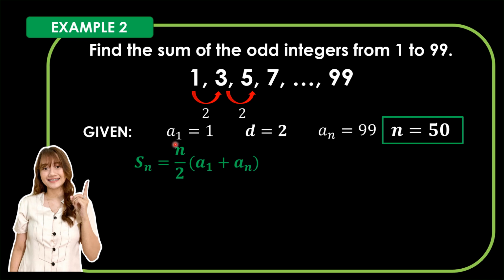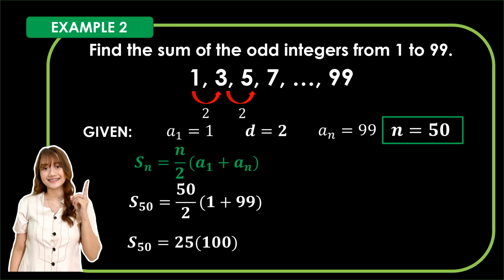Substituting the values, we have S of 50 is equal to 50 over 2 times the quantity 1 plus 99. We know that 1 plus 99 gives us 100 and 50 divided by 2 gives us 25. So, 25 times 100 gives us 2,500. Thus, the sum of the odd integers from 1 to 99 is 2,500.